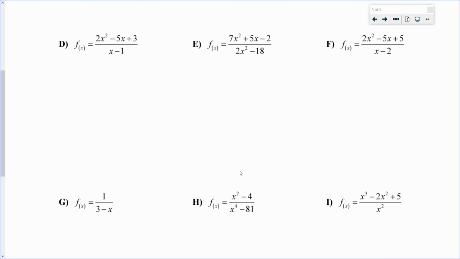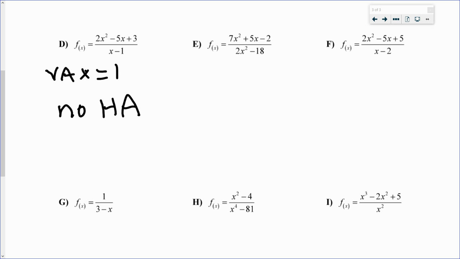Letter D, the vertical asymptote, again, kind of obvious. x minus 1 equals 0 gives us x equals positive 1. And again, if you look at the degree of the numerator is bigger or greater than the degree of the denominator. So we have no horizontal asymptote.